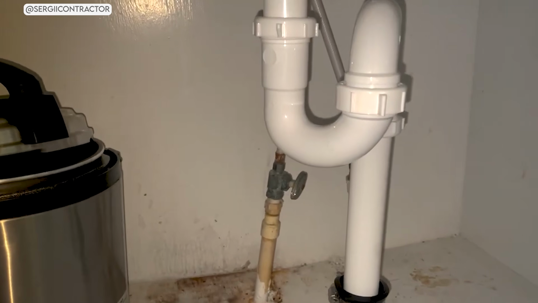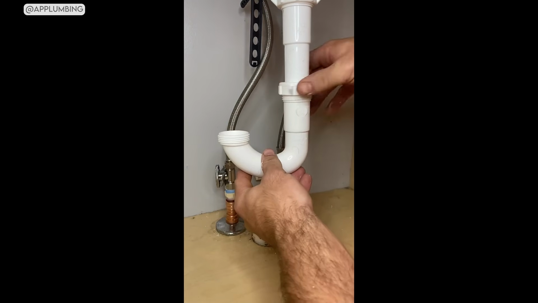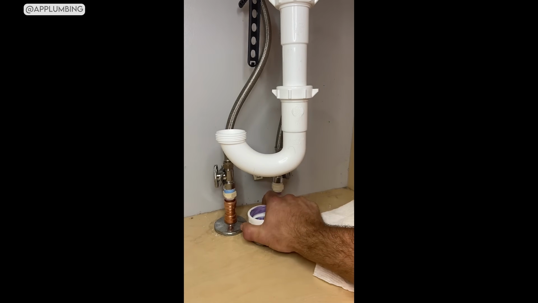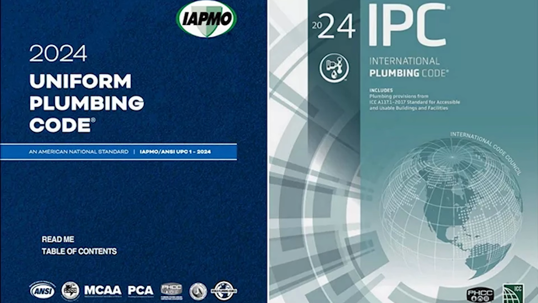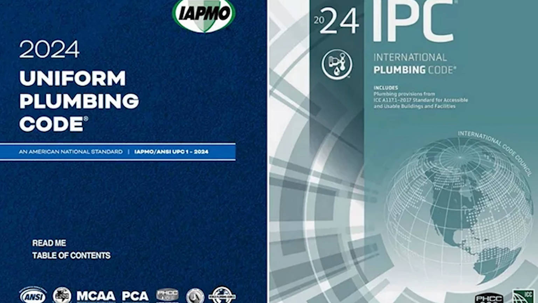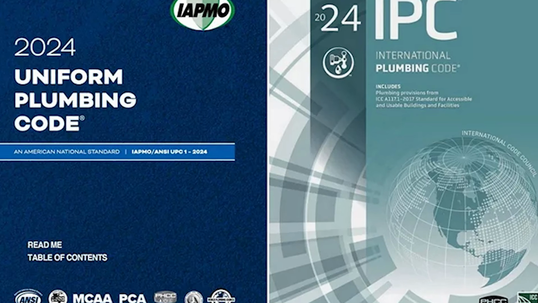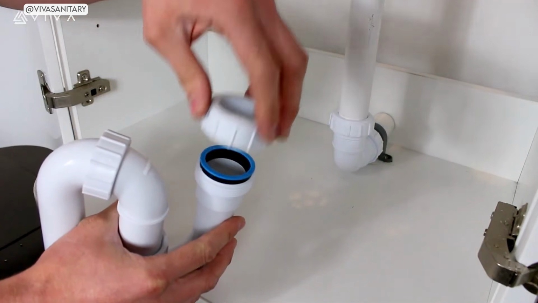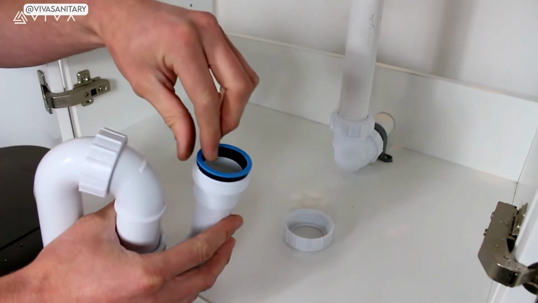They just dropped the drain straight down through the floor and into the drain system below. For decades, this was considered perfectly acceptable. Plumbing codes were not nearly as detailed as they are today, and honestly, this method worked well enough that nobody questioned it for a long time.